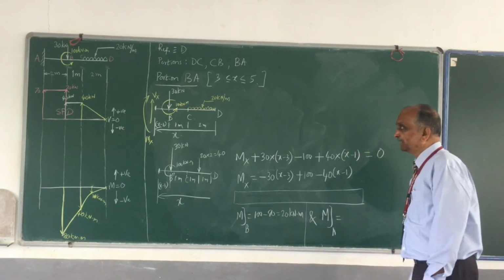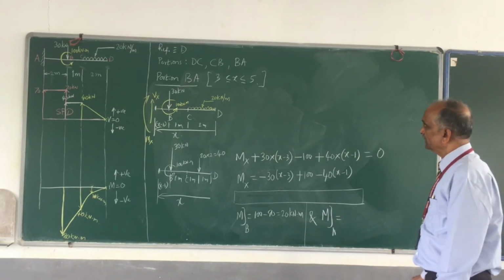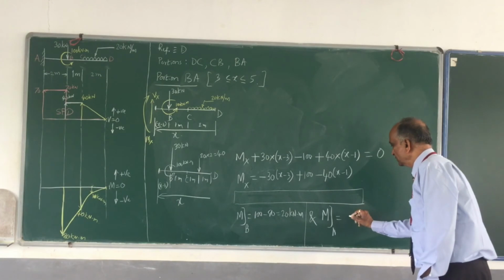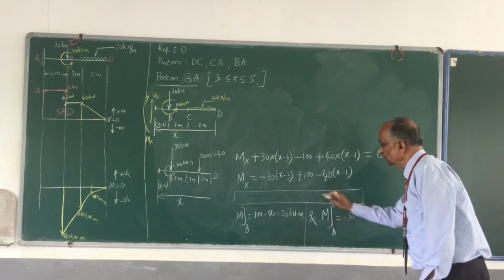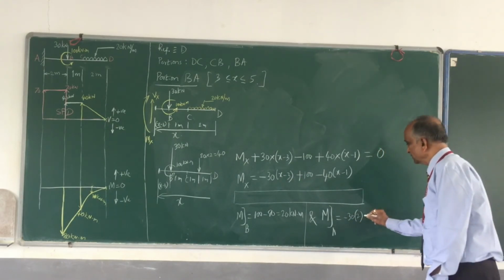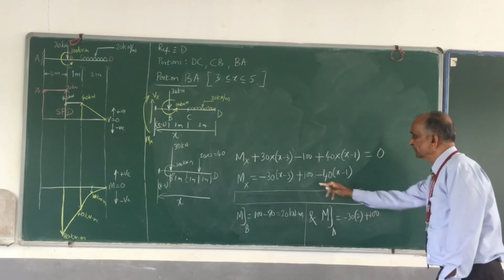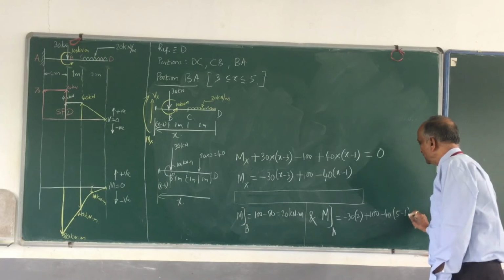And what is the bending moment at A? For that, x is 5. So, minus 30 into 5 minus 3, this is 2, then plus 100, then minus 40 into 5 minus 1.